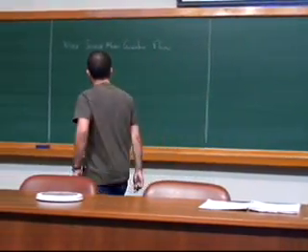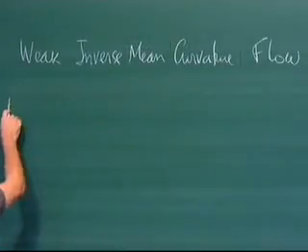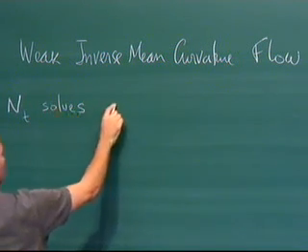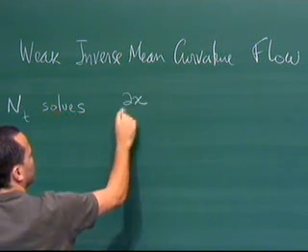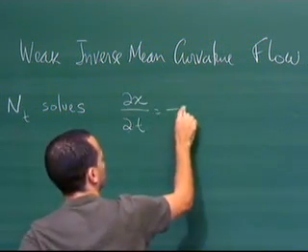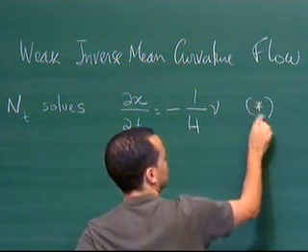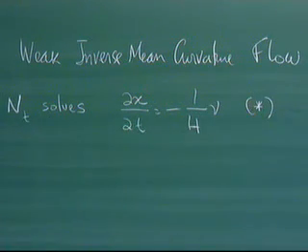So the idea is that you want to consider a family of surfaces N_t, which solves the inverse mean curvature flow, the velocity equal to minus 1 over h times nu. This is the classical equation in a weak sense.